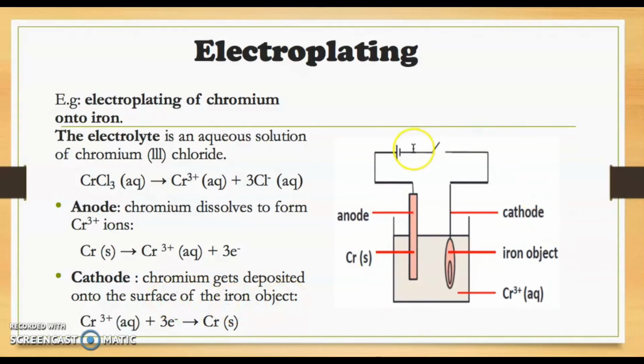So this is the electroplating. Look at anode. This is the chromium, and this is the cathode, the iron object. And we look at the cathode, the chromium gets deposited, and for the anode, chromium dissolves to form chromium 3 ions.